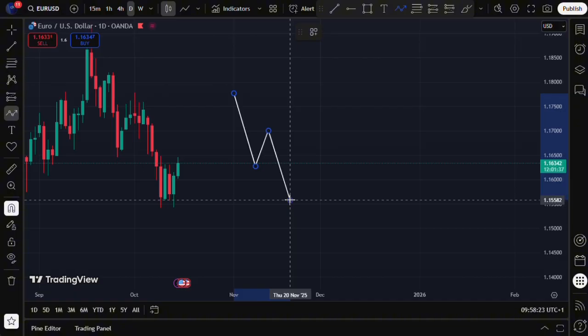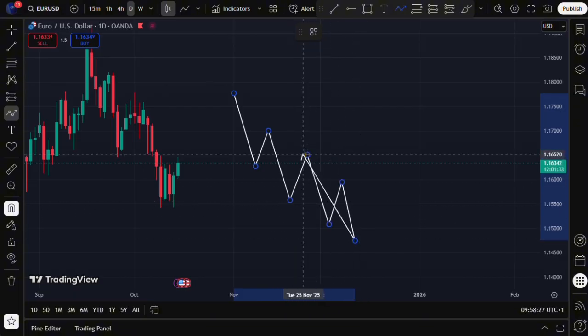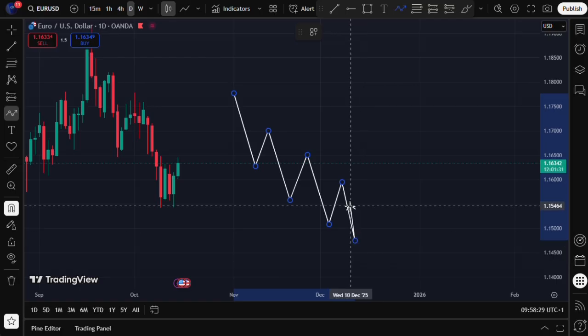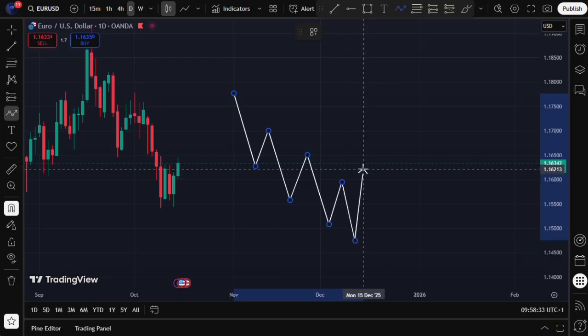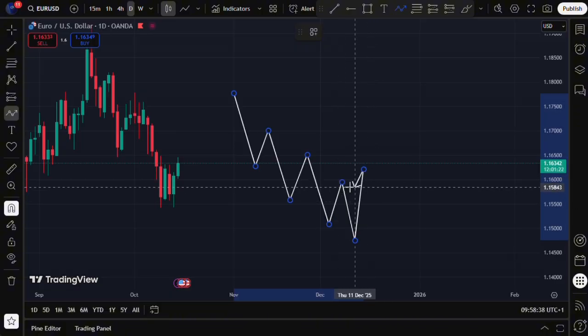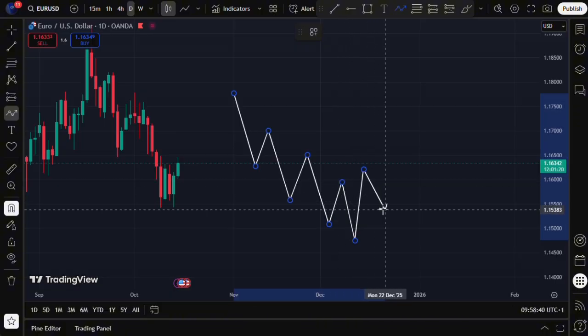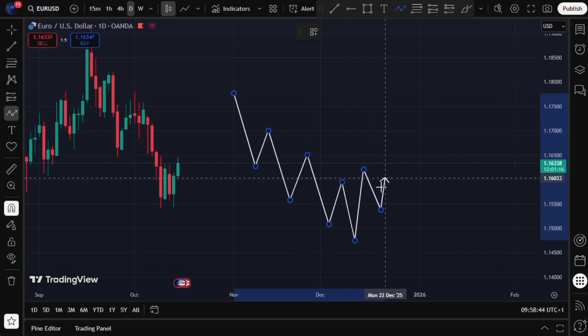And we know that market structure creates lower lows and lower highs when the market is bearish. For example, you might see a short-term high taken out, and you think that is a break or a shift in market structure, and you're thinking, oh, we are now starting to go bullish, so we should now be bullish.